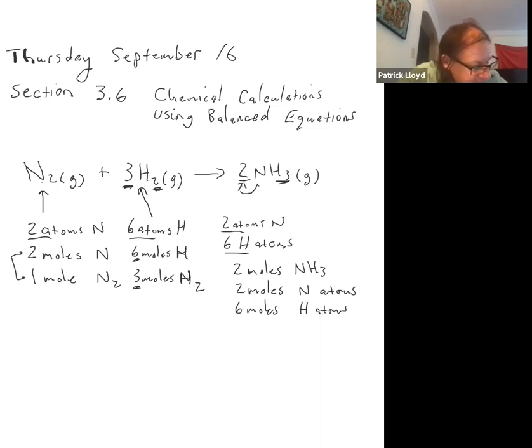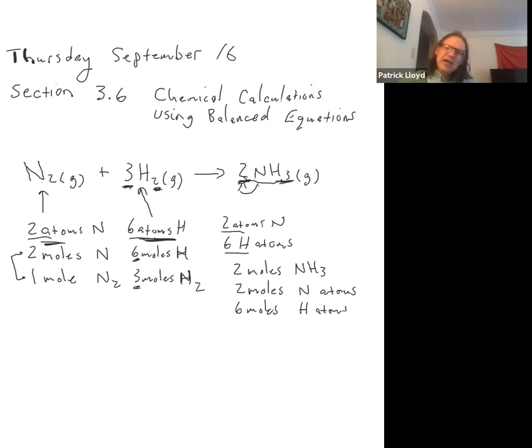Why 6? Because we have a 2 in front of it and we have a 3 after there. So 2 times 3 is 6. So that's 6 moles of hydrogen atoms. And again, that should be the same thing we have on the left side, right? Essentially the same.